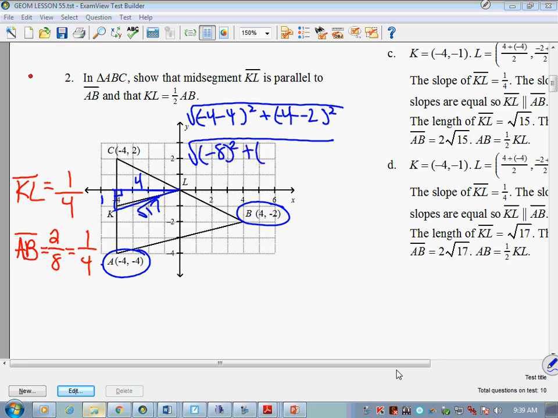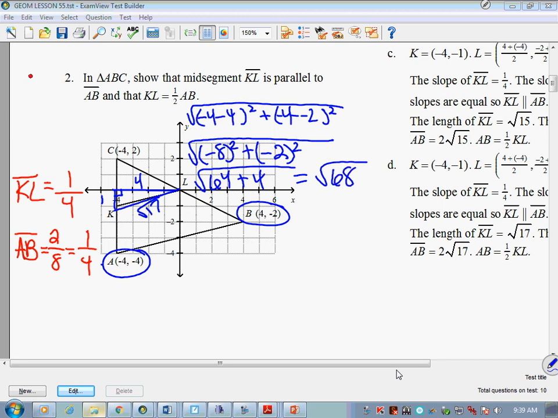What is negative 4 minus negative 2? Negative 2, very good, because that became a positive. We're going to square both of those. All right. What is negative 8 squared? 64. Good. Plus what? 4. All right, that gives me the square root of 68.